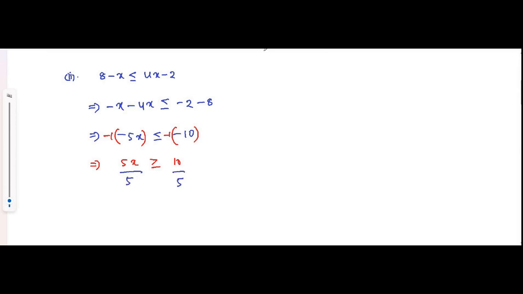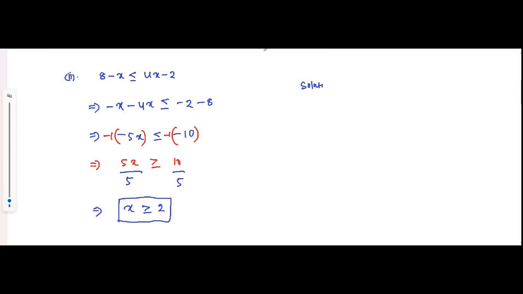Now we'll divide both sides by the same positive number, 5. When we do that, the sign of inequality stays the same. So x is greater than or equal to 2. This is the solution of the given inequation.